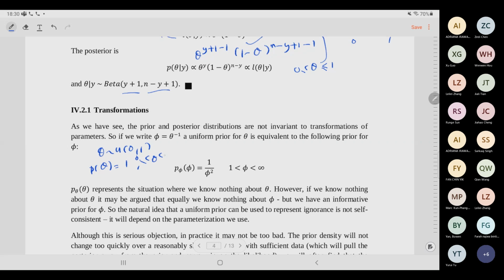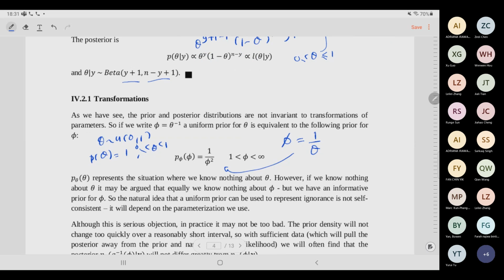If you have a transformation, meaning that you have phi equal to 1 over theta, this is a transformation. Theta is uniform (0, 1), but if you use the transformation phi is 1 over theta, then phi has this PDF.